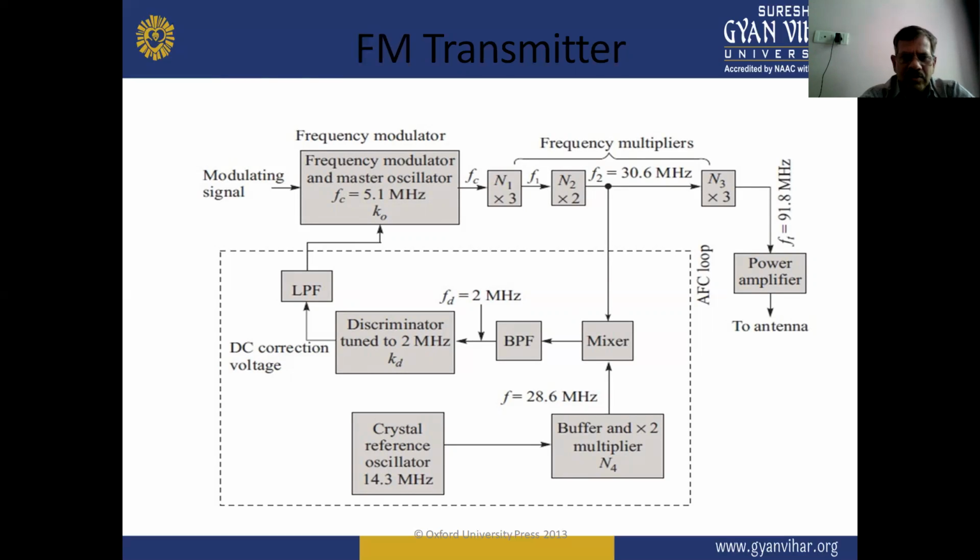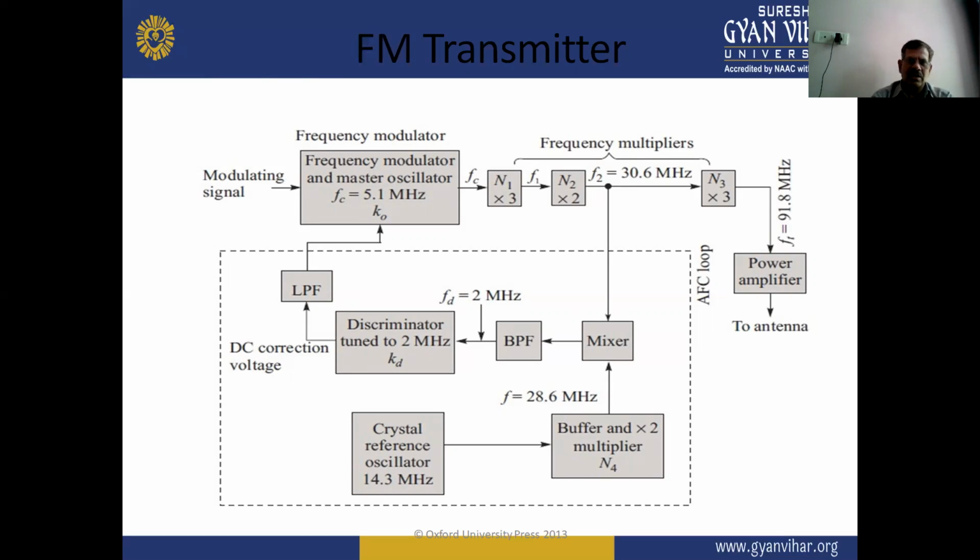The output of this band pass filter is 2 megahertz, and it is fed to the discriminator tuned to 2 megahertz, and the output of this is the DC correction voltage, applied to the low pass filter, and the output of this low pass filter is again applied to the frequency modulator.